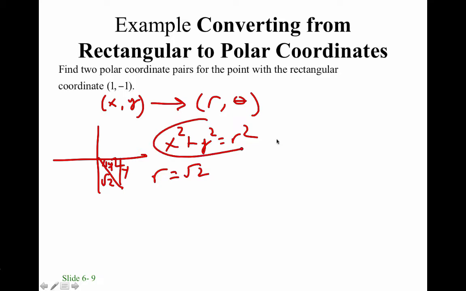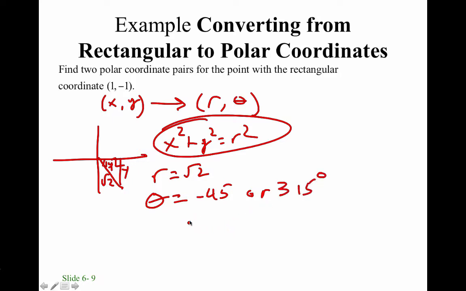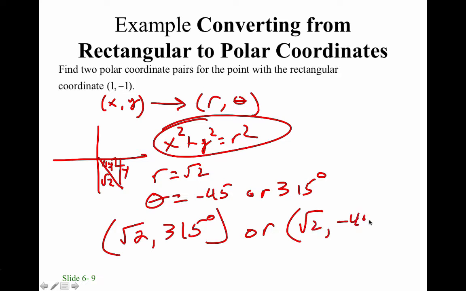I got that straight out of here with the 1 in there and the negative 1 in there. And then I've got my theta. It could be negative 45 or 315. There are multiple ways to get that. So I would say my polar coordinate, if we're just going to go standard, is square root 2 and 315, but there's nothing wrong with square root 2 and negative 45.